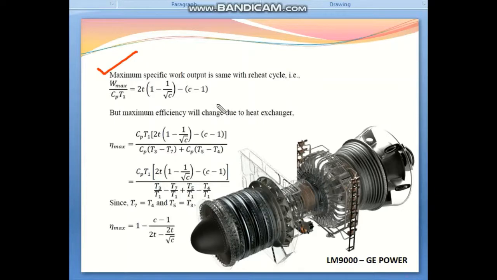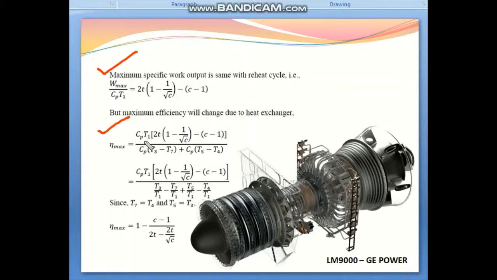The maximum efficiency will change due to the heat exchanger. This is the maximum work output, not the maximum specific work output, since Cp and T1 are multiplied here.